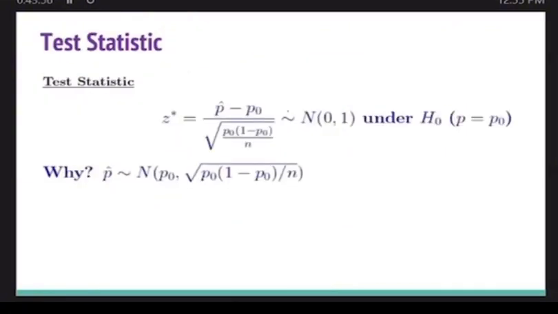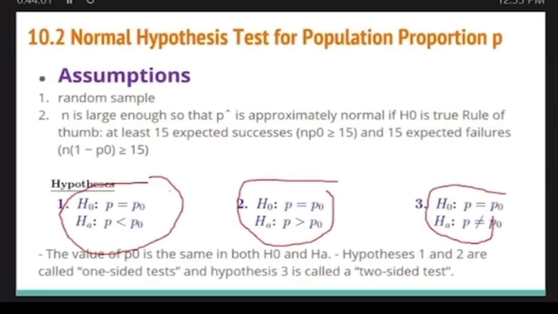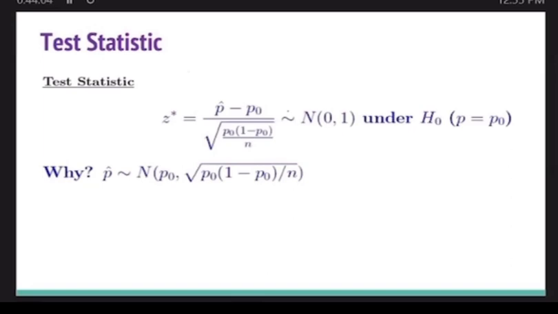Whichever of those tests you want to conduct, you are going to use the same test statistic value, provided the assumptions hold. Does that make sense? Provided the assumptions hold.